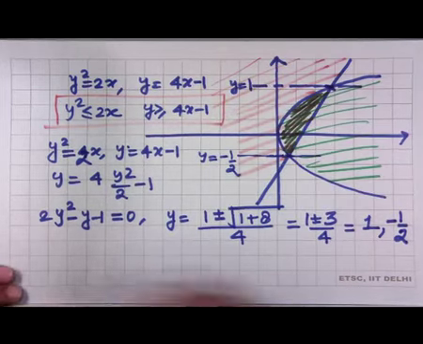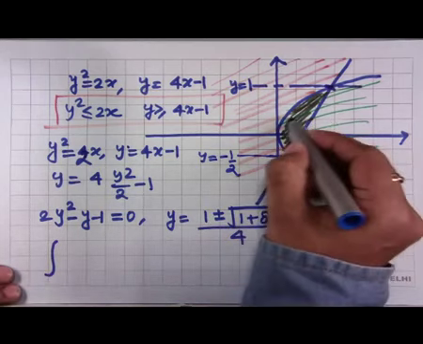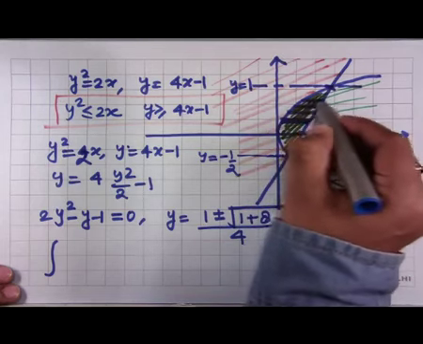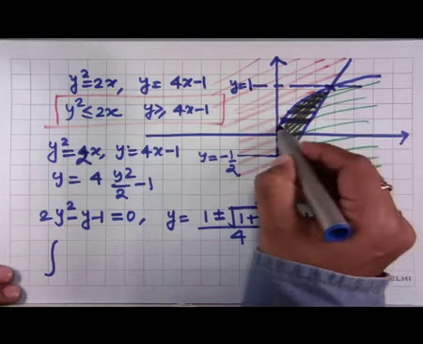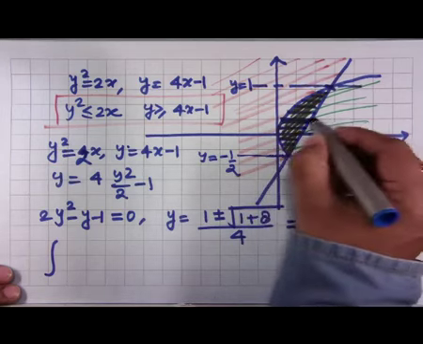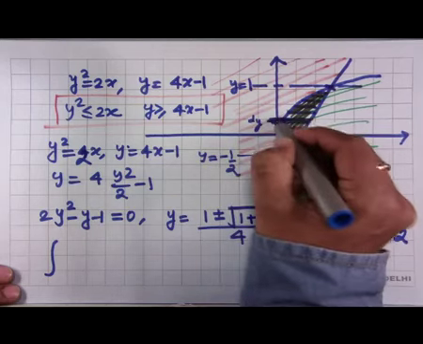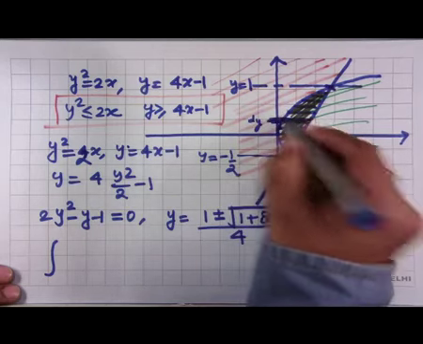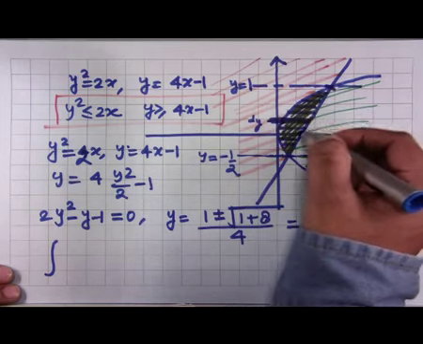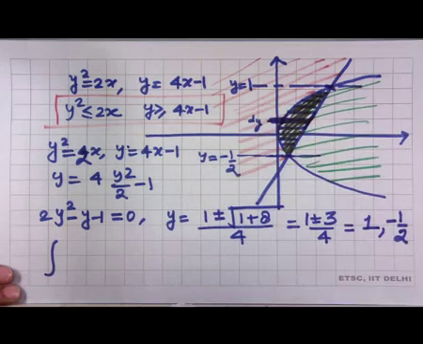So, for the area required, if you integrate in the direction of y, you have to divide this area into small thin horizontal strips. So, say this is dy, the width of one strip, so the length of the strip will be the x value from this line minus the x value from the parabola.